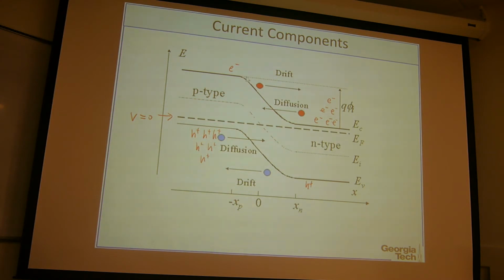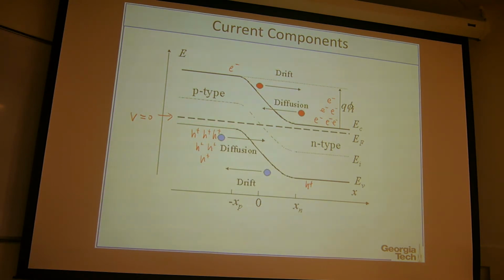Meanwhile, there's a slope in this band, as we reviewed at the very beginning of today's class. A slope in the band means an electric field, and electrons tend to fall down this slope, so you will have drift.